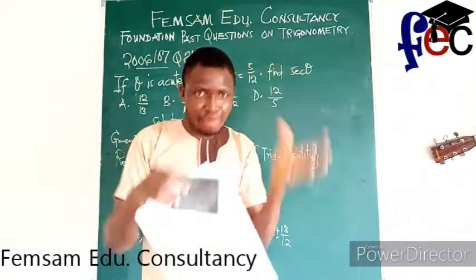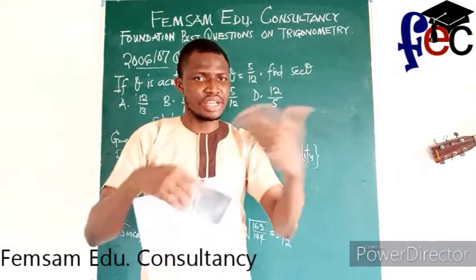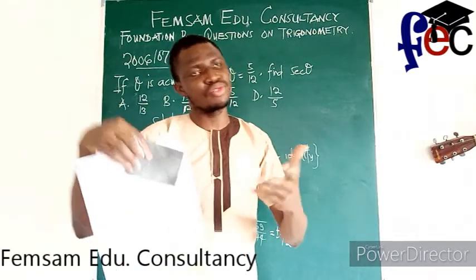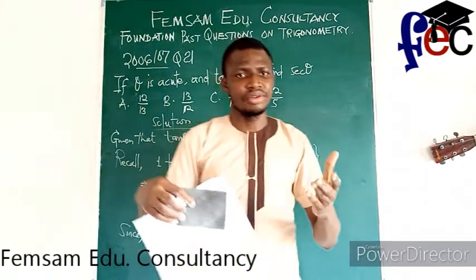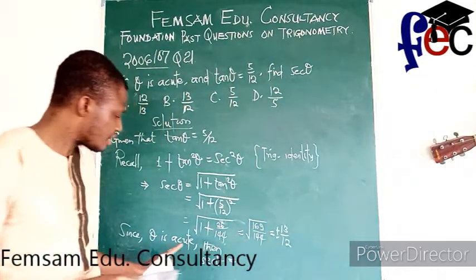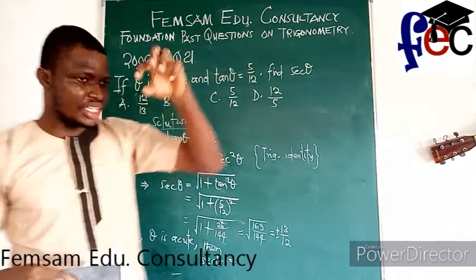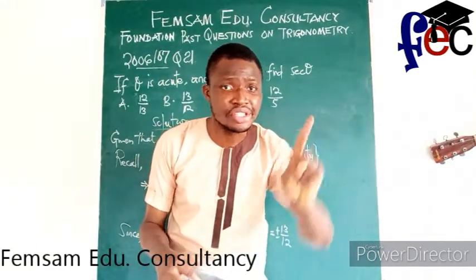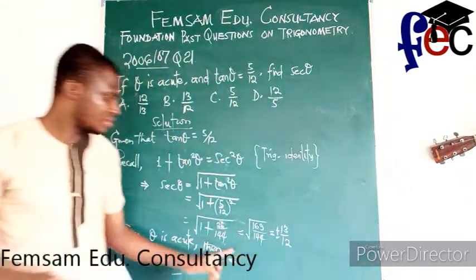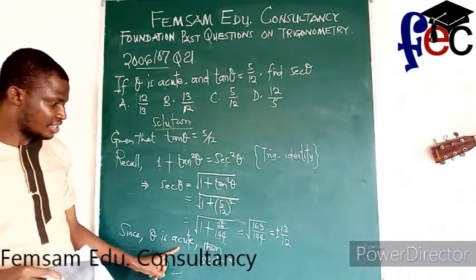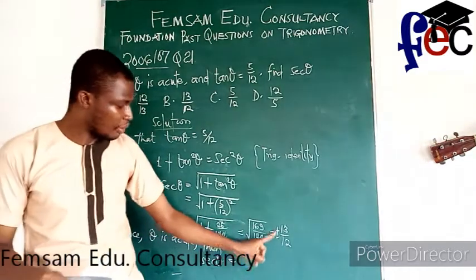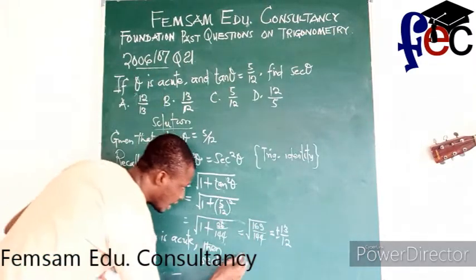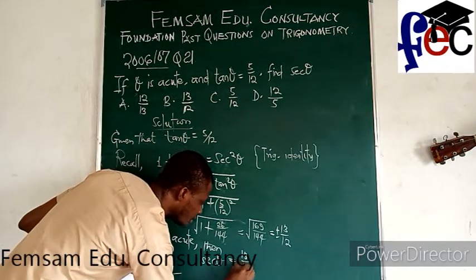A quarter of a circle is what is referred to as a quadrant, because a quarter of a circle can accommodate angles between 0 and 90 degrees. So now this theta that is acute shows that it falls in the first quadrant, and in the first quadrant all the trigonometric ratios are positive. So it is because theta is acute that I cannot go for minus 13 over 12. So our final answer is 13 over 12.